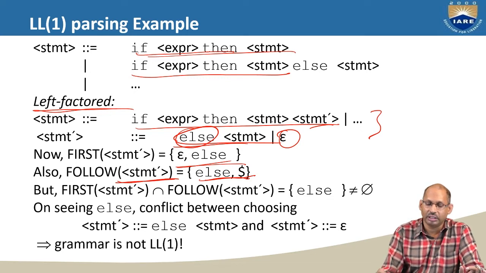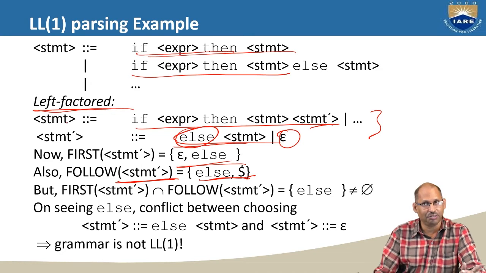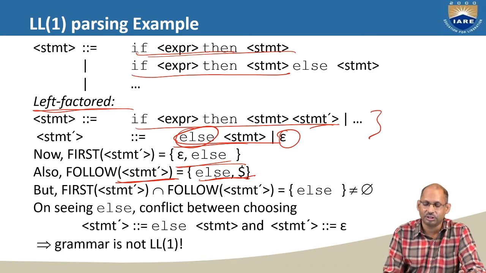Follow of statement dash is else sign and dollar sign, since follow of statement dash is follow of statement. What is the follow of statement? It will be dollar sign by default. Then follow of statement also includes first of statement dash, that is else, so else and dollar.